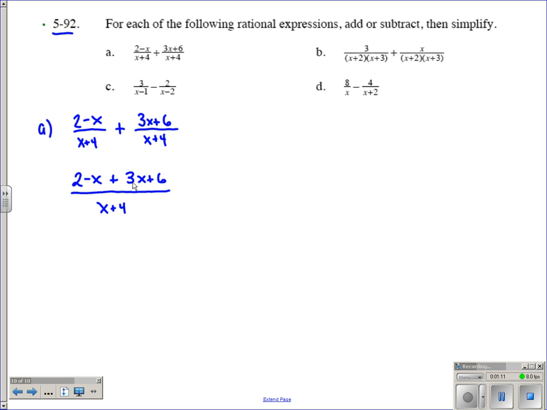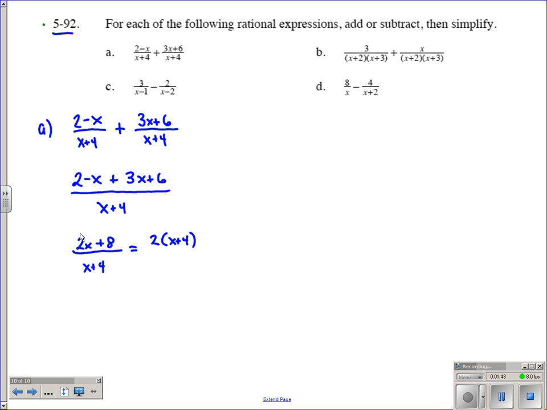We've got a negative x and a positive 3x, which is going to give us 2x. Positive 2 and positive 6 is going to give us positive 8. So we have 2x plus 8 over x plus 4. The next step is just to double check, does anything factor? In this case, 2x plus 8 does factor, which we can factor out the 2, and we're left with x plus 4.